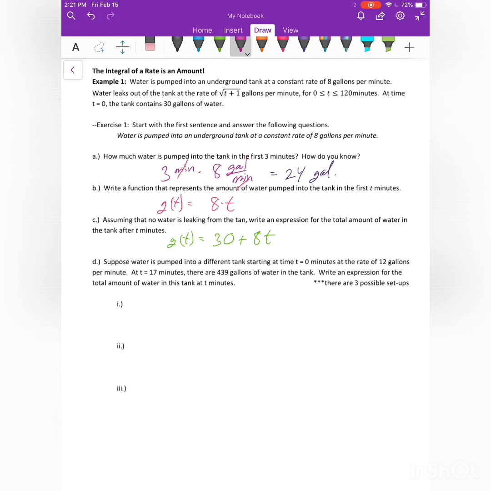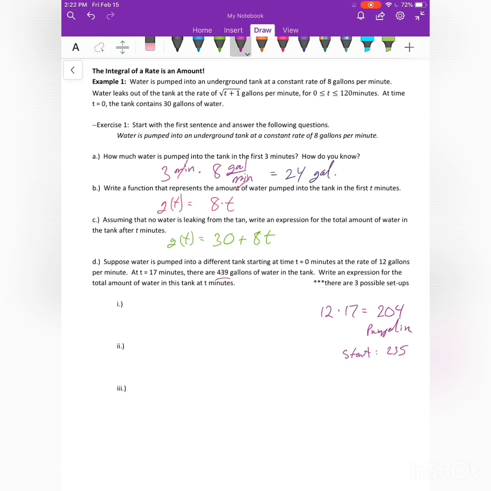So I took advantage of what we just did. I did some math and I said, well, if we do 12 gallons times 17 minutes, that'll tell us how many gallons were pumped into the tank during those 17 minutes, and that's 204. So that's pumped in. If there are 439 gallons at 17 minutes, then you just do some subtraction, and the starting amount is 235, if I'm correct.